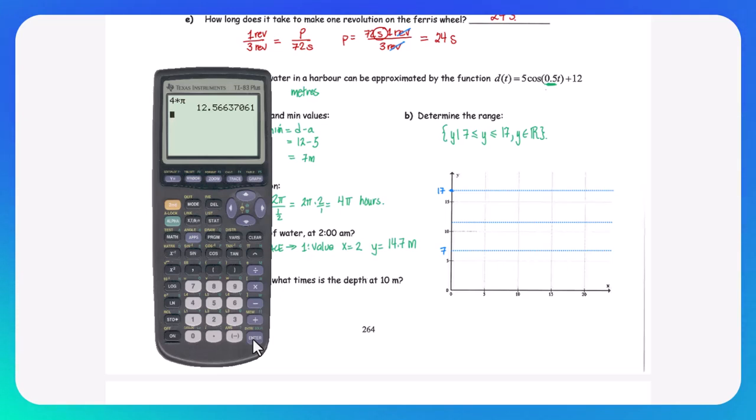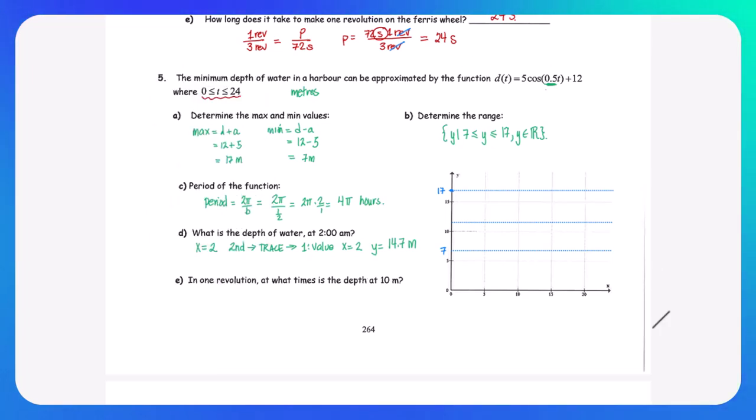So that means at 12.5, which is halfway between 10 and 15 roughly, I'm going to take another line roughly right there and draw it like that. So the period means one cycle has to happen between 0 and this roughly 12.5.